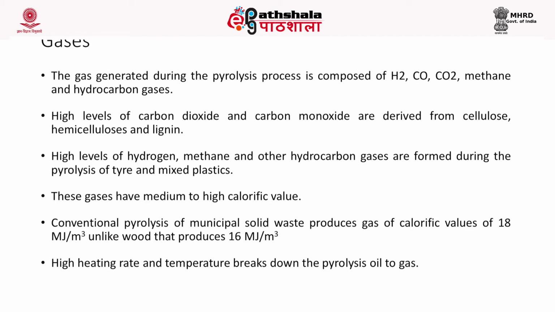Now the conventional pyrolysis of municipal solid waste produces a gas of calorific value ranging from 18 megajoules per meter cube when compared to wood that produces 16 megajoules per meter cube. Now, high heating rate and temperature break down the products or the pyrolysis oil into gas.